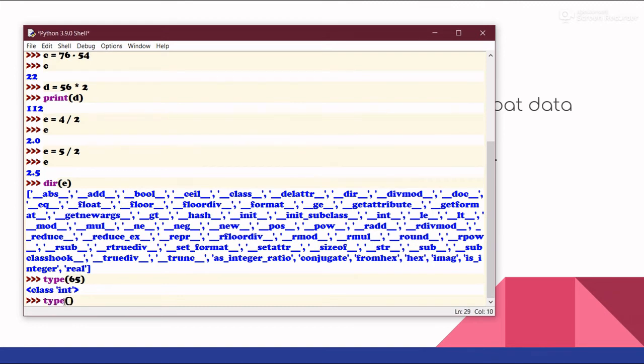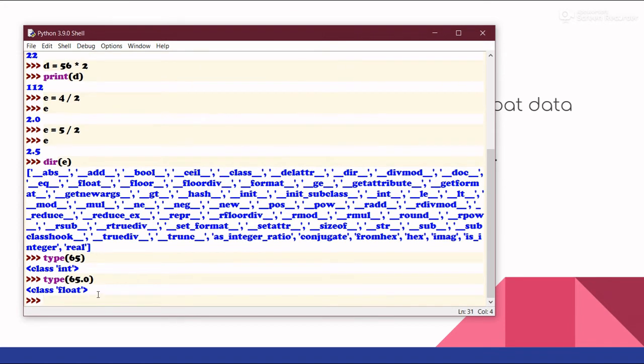But when I do 65.0, can you guess what we are going to get? We are going to get class float. It's because it's a floating point number or a decimal number, even though this decimal point doesn't matter here because the values of both are the same, but Python treats these two as different, not from a value perspective but from a type perspective.